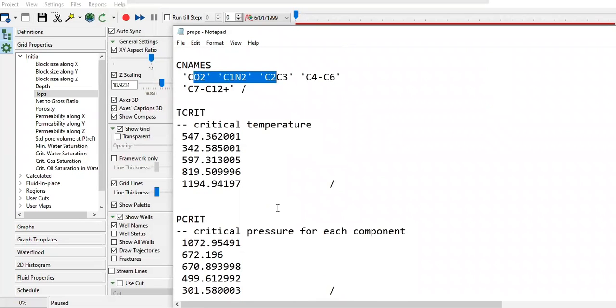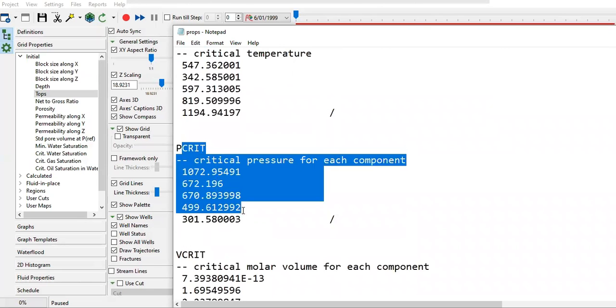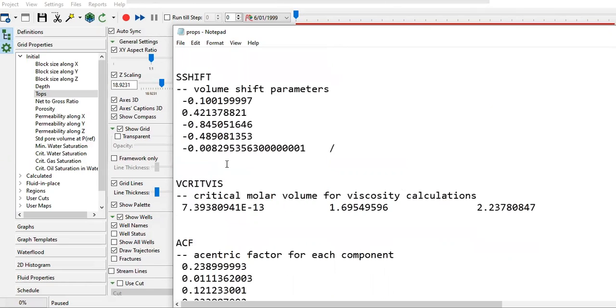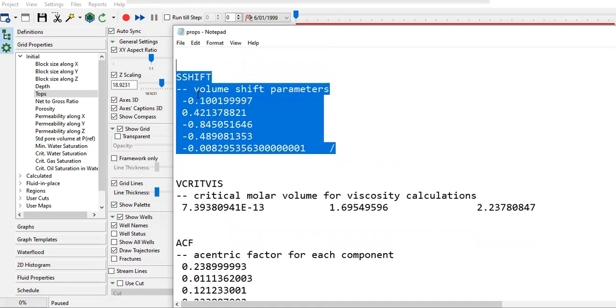And after you perform the PVT matching or PVT modeling, you will get several properties. Like this one, we have critical temperature. This is the keyword, and then critical pressure, critical volume, and then volume shift.